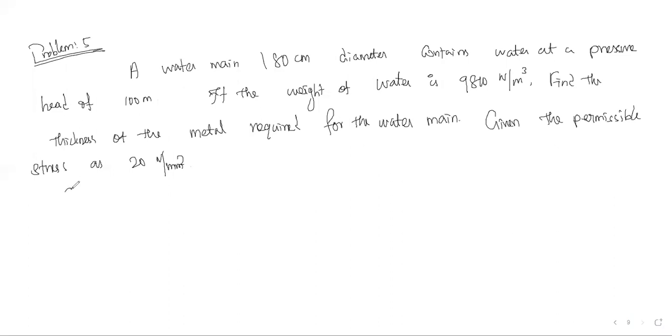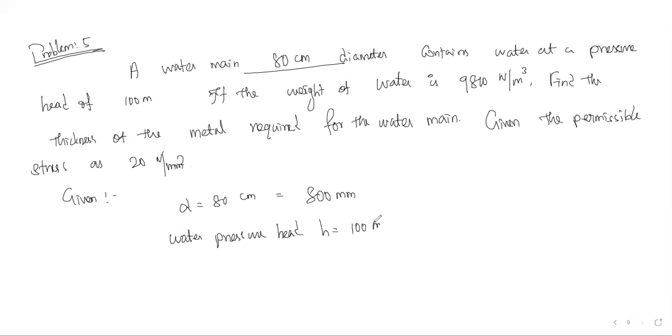So first of all, we should note down the given data. Water main of 80 centimeter, so D is equal to 80 centimeter, which is nothing but 800 mm. It contains water at a pressure head, so H is equal to 100 meter.